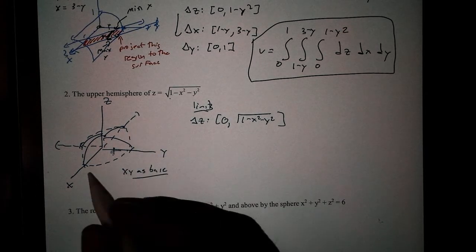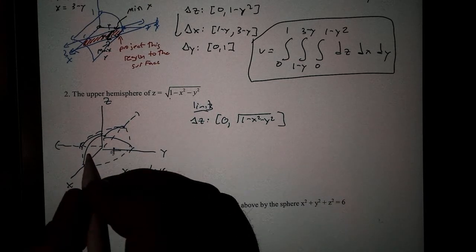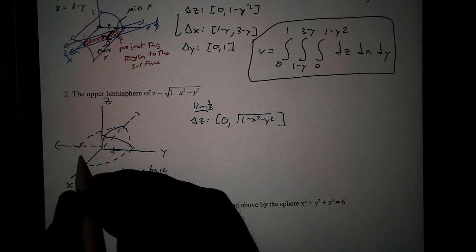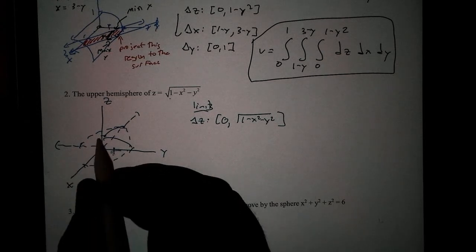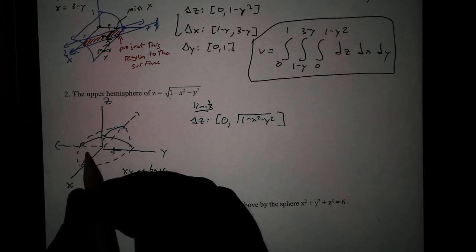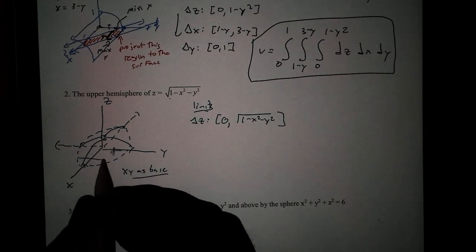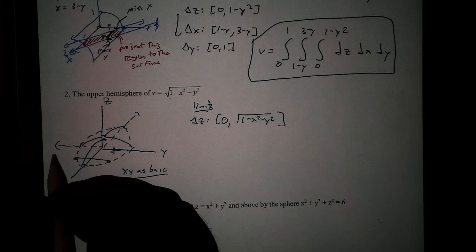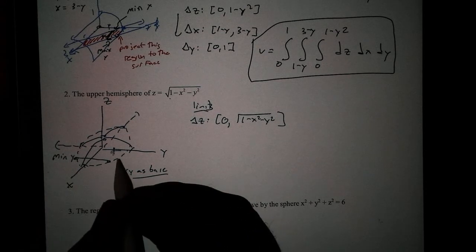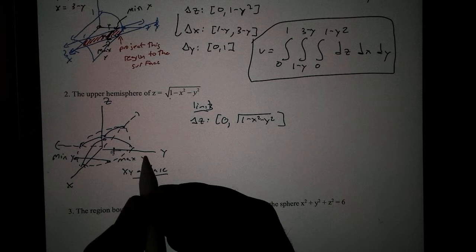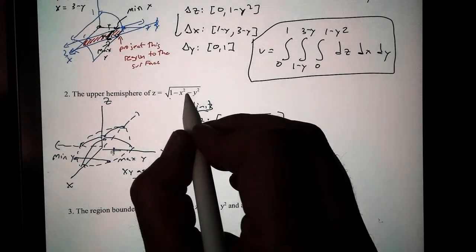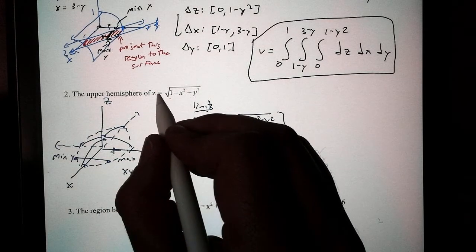Now I have to determine, do I want to go horizontal or vertical? I'm going to go horizontal rectangle. Whoops, don't want to erase that. Everything's going away. There we go. And when I do a horizontal rectangle right here, this is going to give me my minimum y, and this is going to give me my maximum y. So to get those, remember, we can let z be 0.